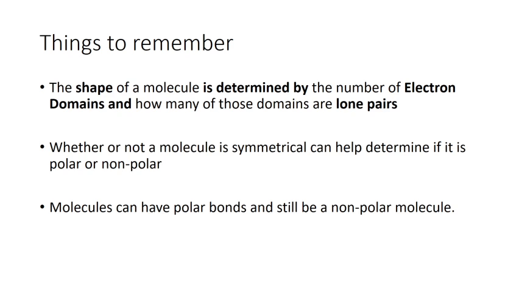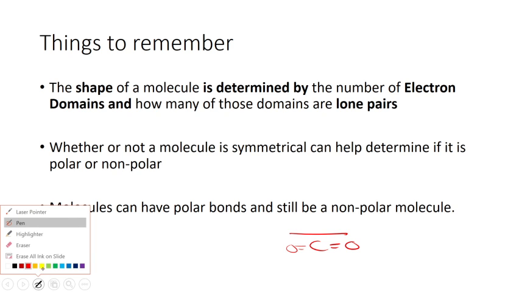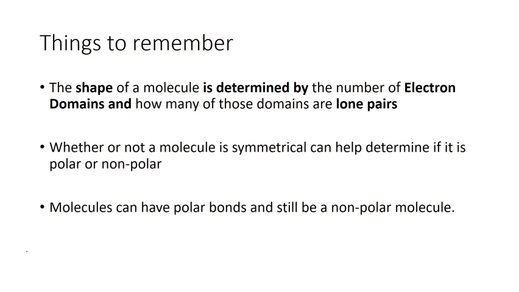The prime example of this is carbon dioxide. Carbon and oxygen, it's a polar bond, but because the molecule is linear, if we draw it linear, it is a nonpolar molecule because it is symmetrical. The polar bonds essentially cancel each other out.